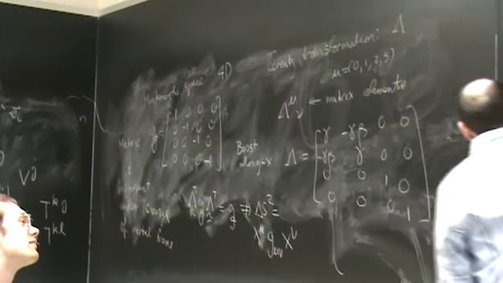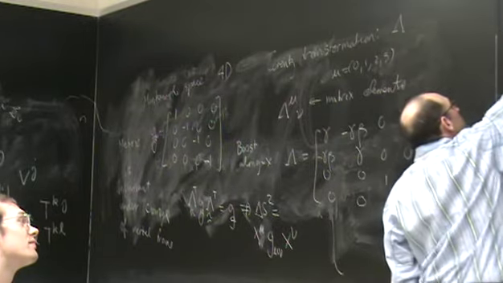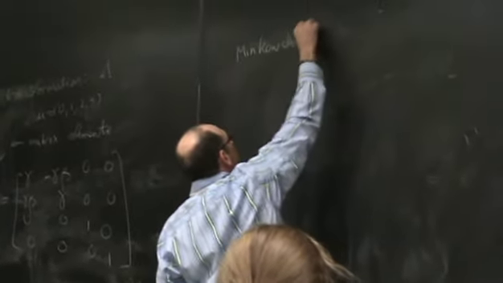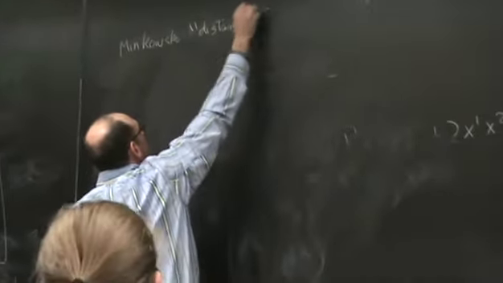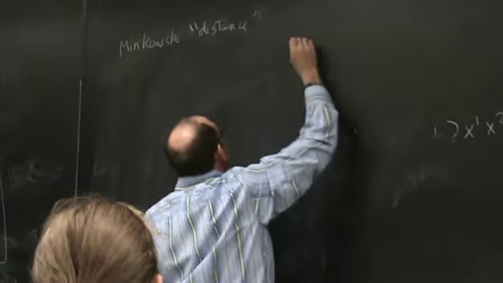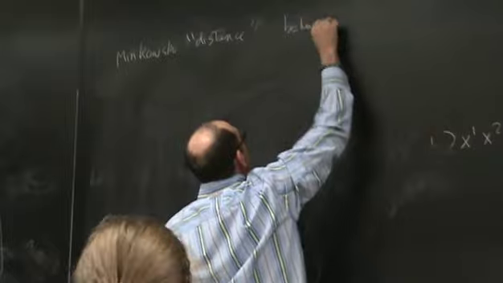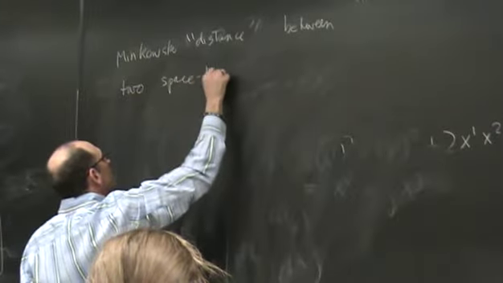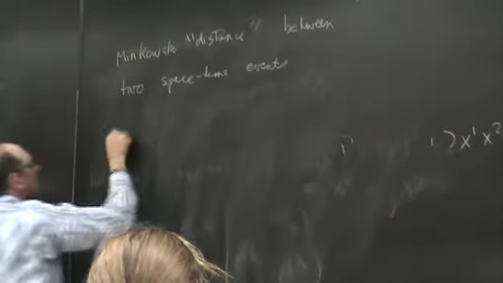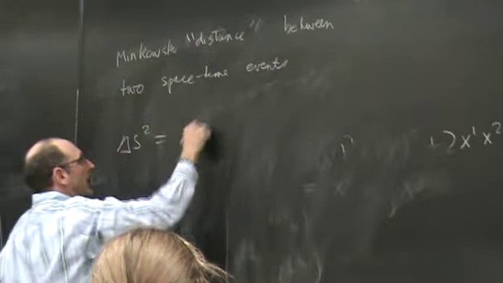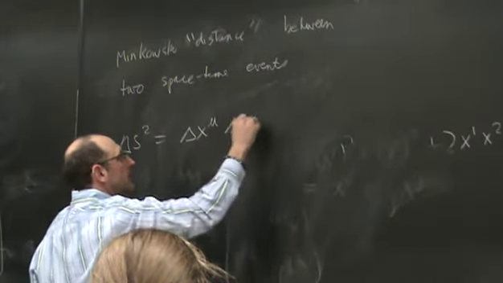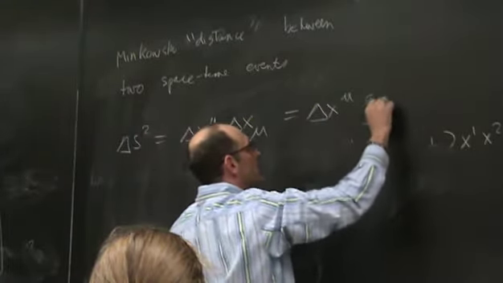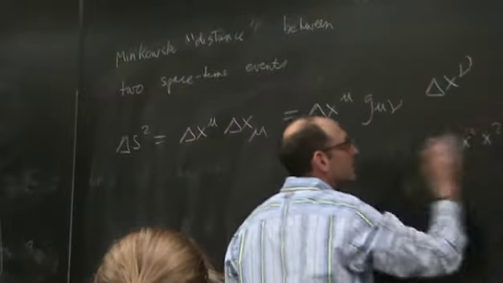So the claim is that the Minkowski distance between two space-time events, delta s squared, is delta x mu delta x mu, which is equal to delta x mu g mu nu delta x nu, right?